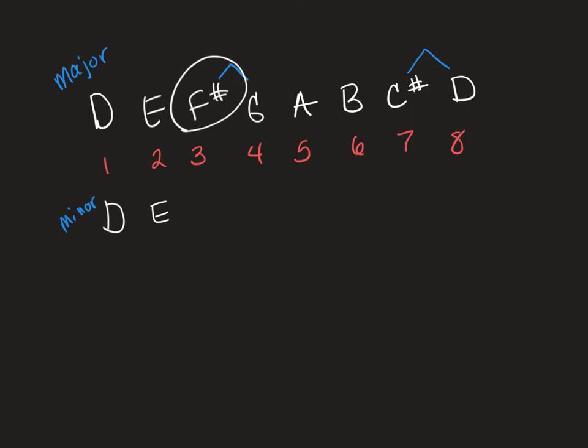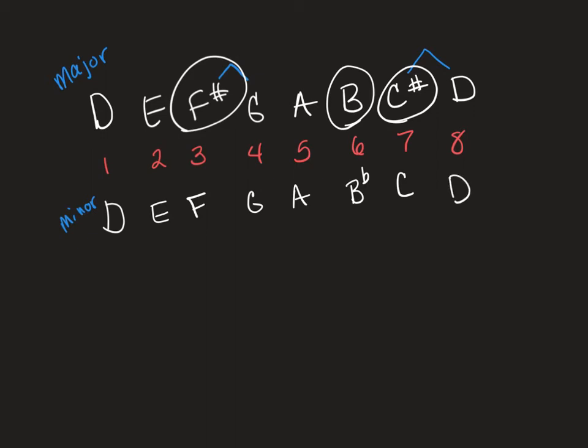So instead of F sharp, it becomes F natural. And our fourth note is the same, fifth note's the same, sixth note half a step lower. So instead of B, we're going to have B flat. And also our seventh note half a step lower. So our C sharp becomes C natural.